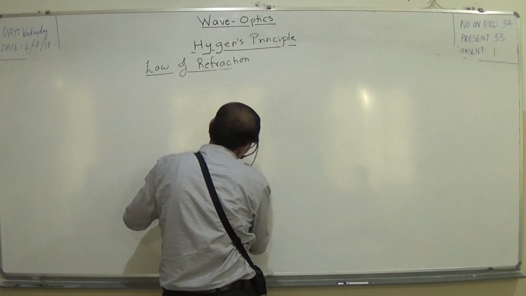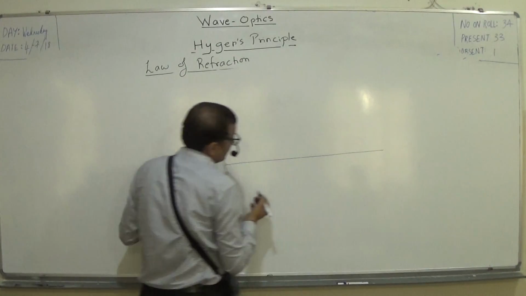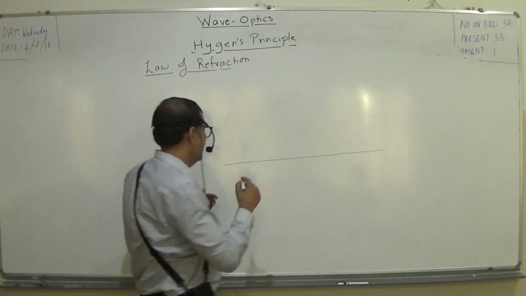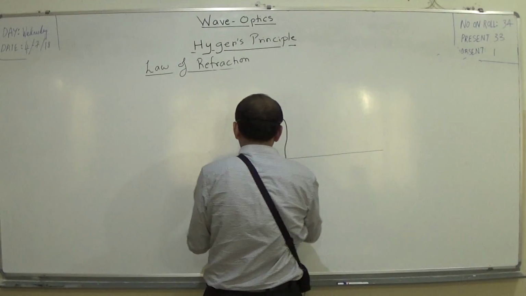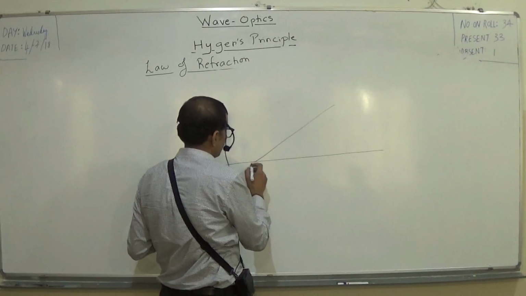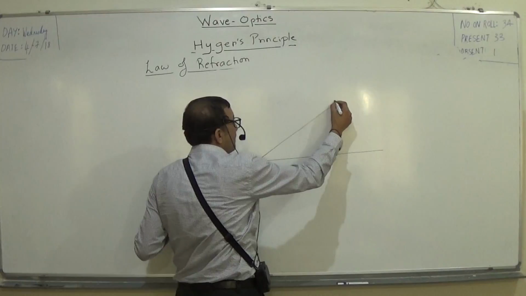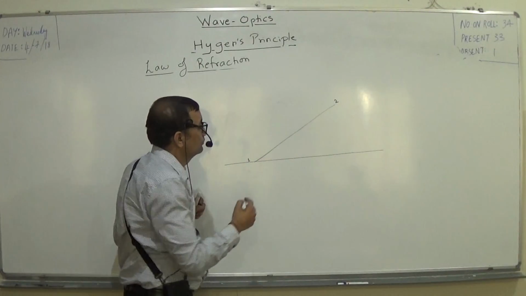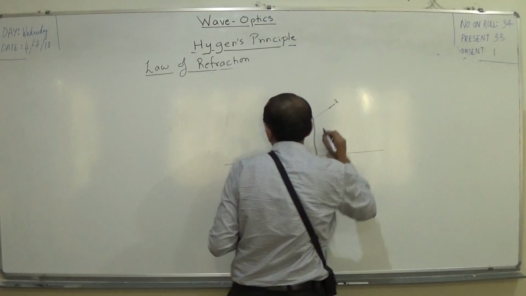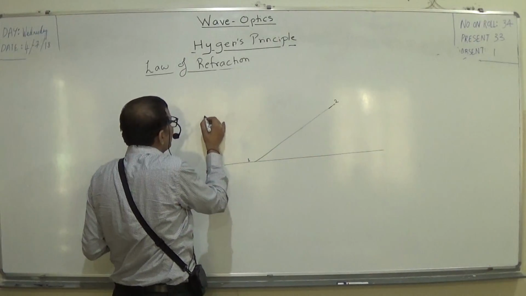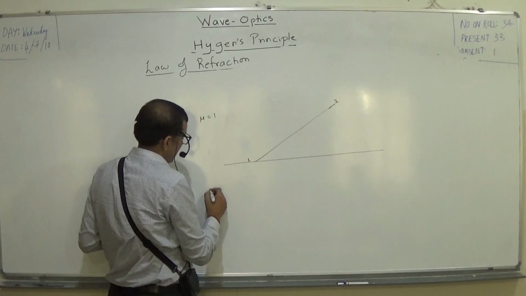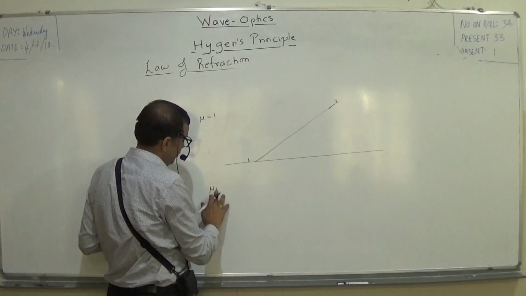So let us say that this is the interface, and this is the incident wavefront, this one. 1, 2. For the sake of simplicity, we can say this has refractive index 1 and this has refractive index of mu.